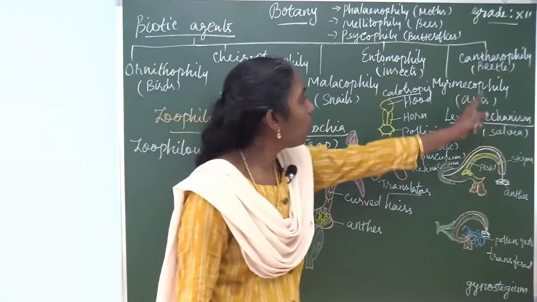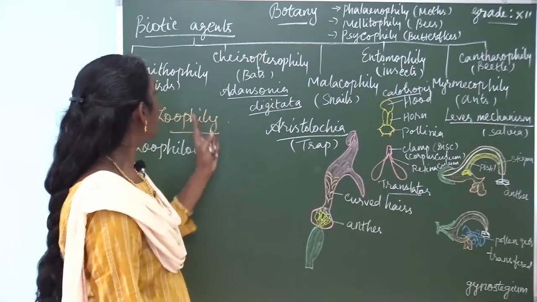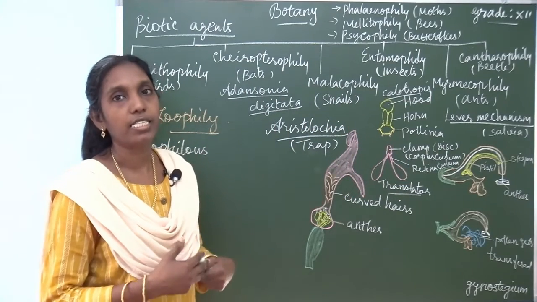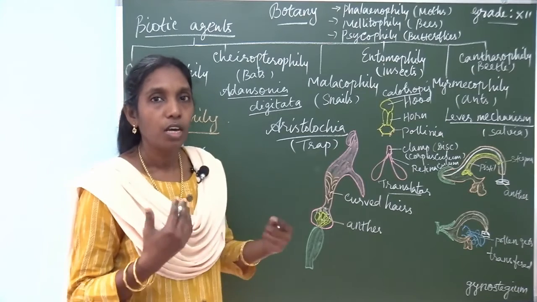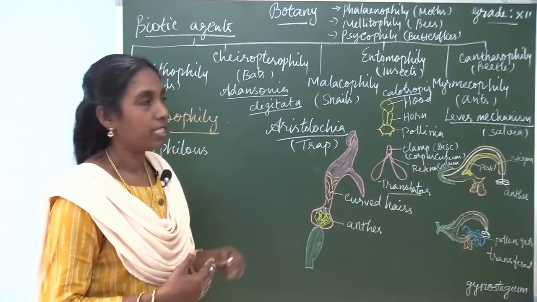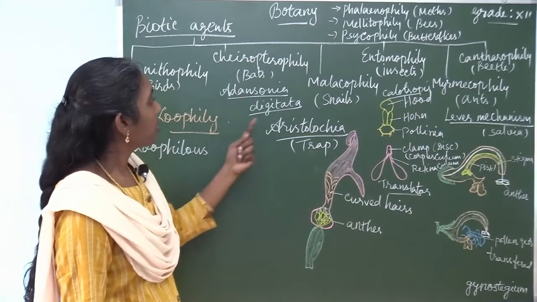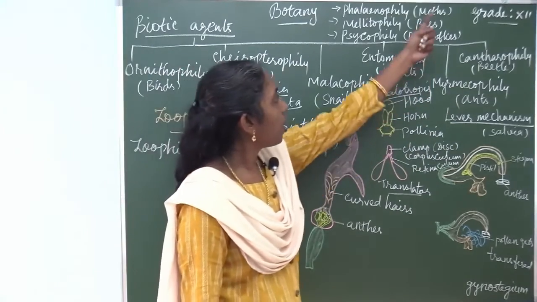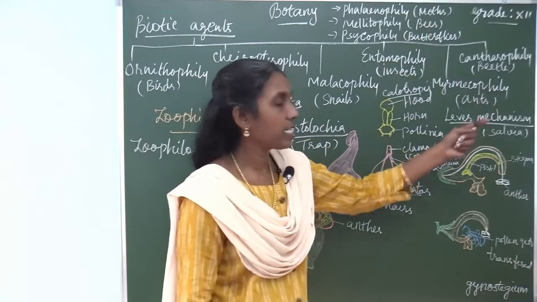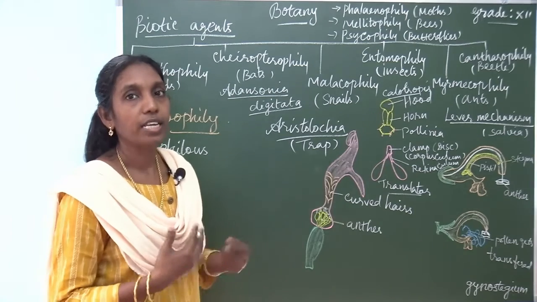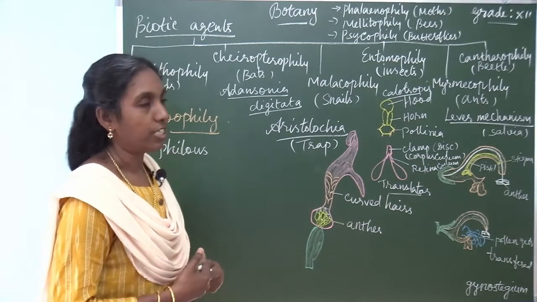Based on this, all of these are included under zoophily. All are animals, including birds and insects, and sometimes reptiles are also reported as pollinators. All these pollinators, like birds, bats, snails, insects, moths, bees, butterflies, beetles and ants, are involved as agencies of pollination.